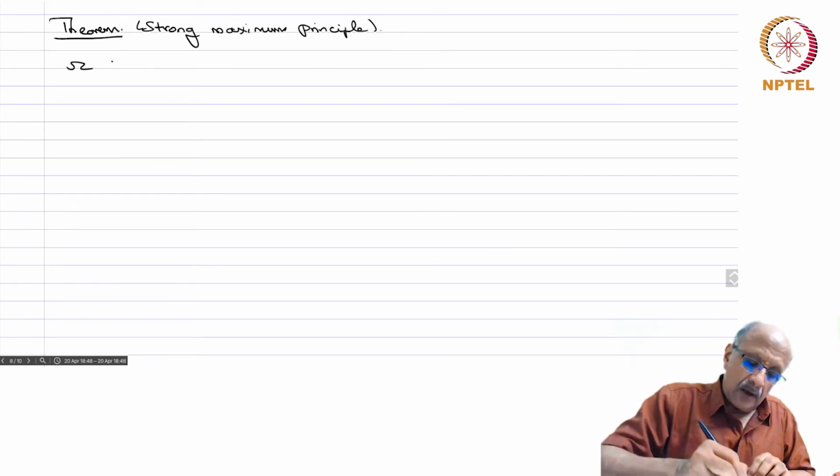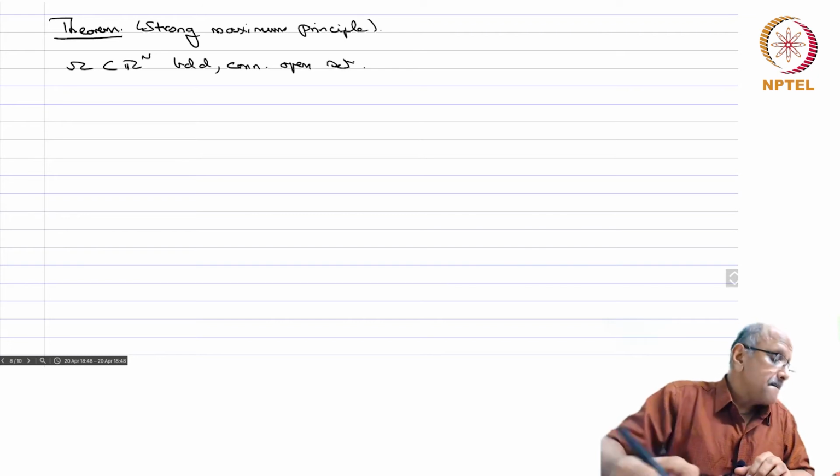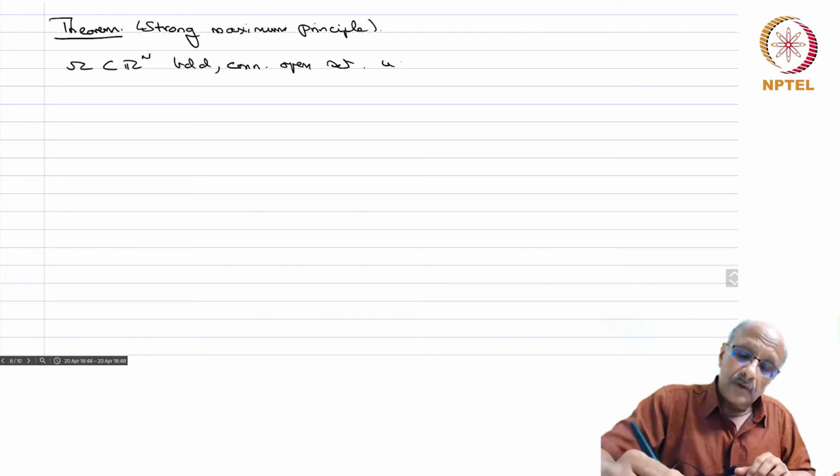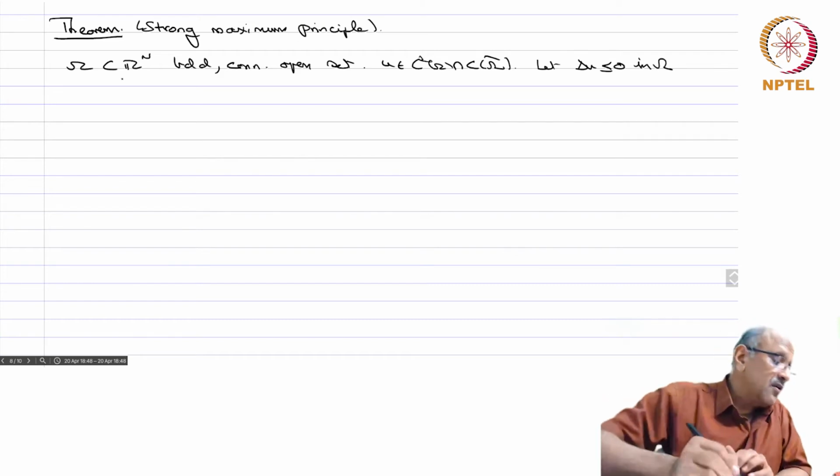So, omega in R^n, a bounded, connected, open set. u in C²(omega) intersection C(omega bar). Let Laplacian u be less than or equal to 0 in omega, so it is a superharmonic function.